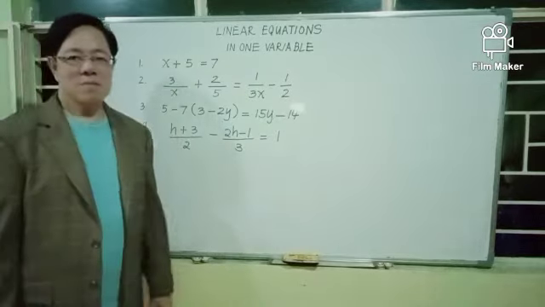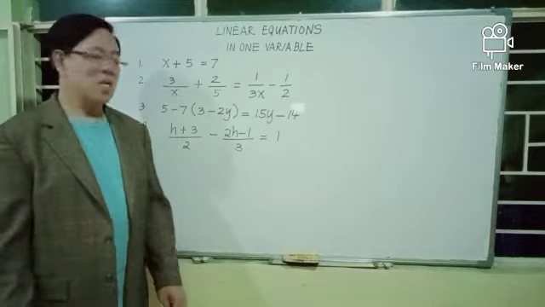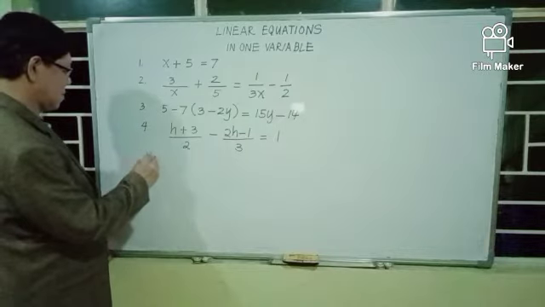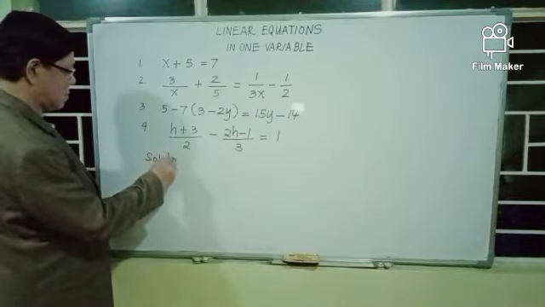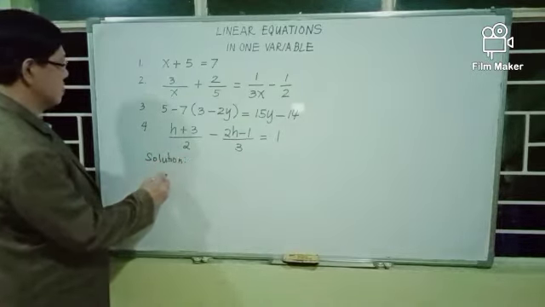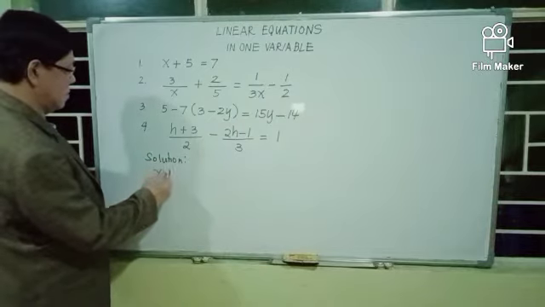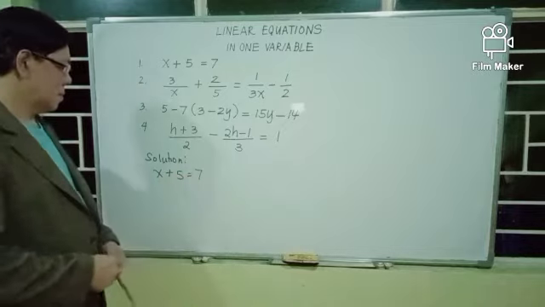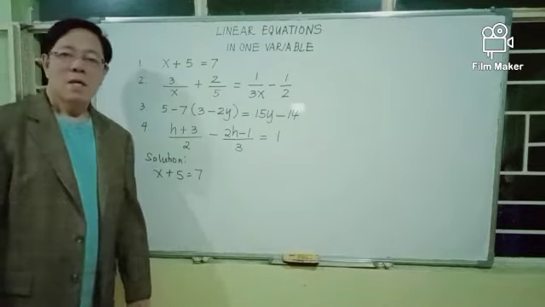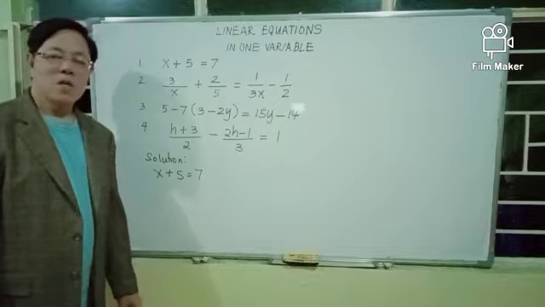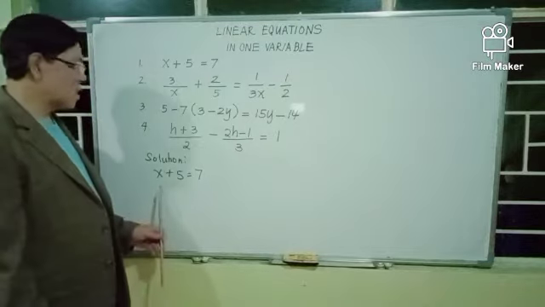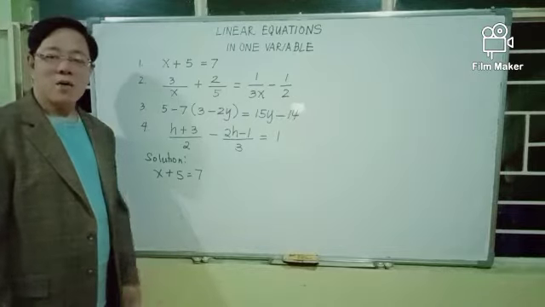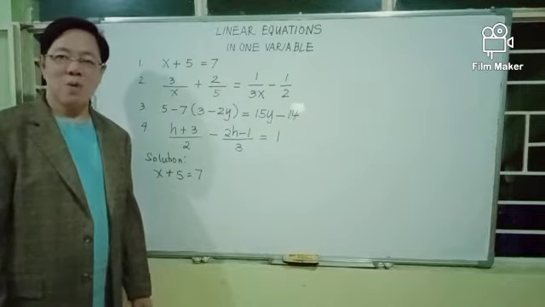We start by solving the linear equation in number 1. Now, in solving a linear equation in one variable, only the variable should be at one side of the equation, and the coefficient of that variable should be 1.